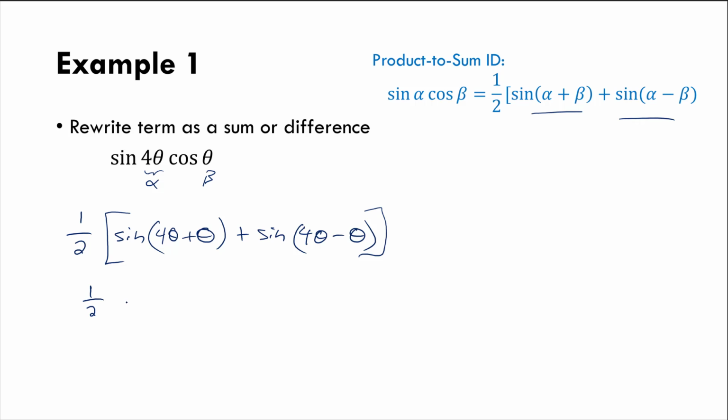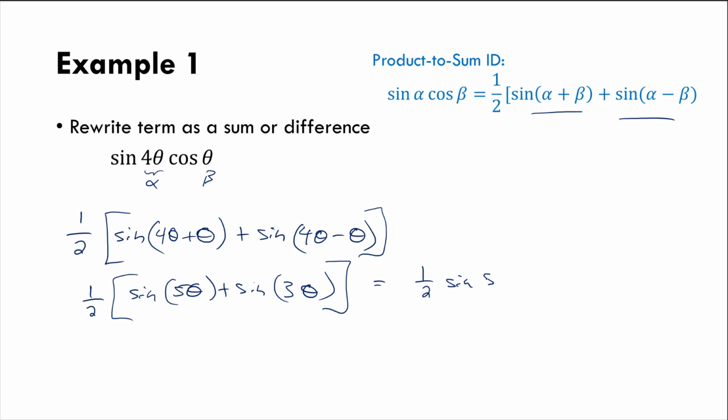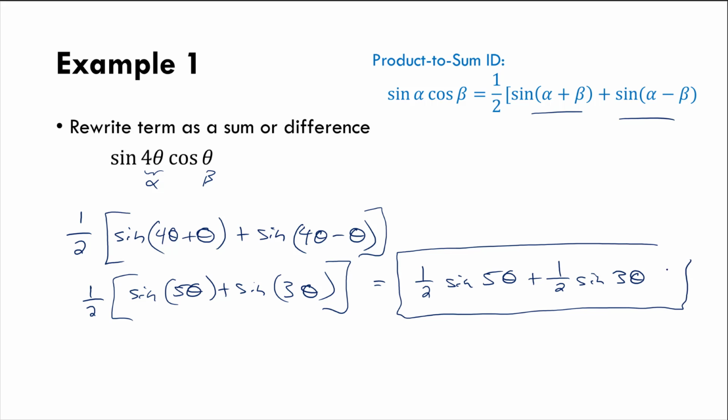So this will be 1/2 times sine of 5 theta plus sine of 3 theta. Then to finish it off, we're going to distribute our 1/2, so it's going to be 1/2 sine of 5 theta plus 1/2 sine of 3 theta. That would be rewriting our term as a sum or a difference, in this case a sum.